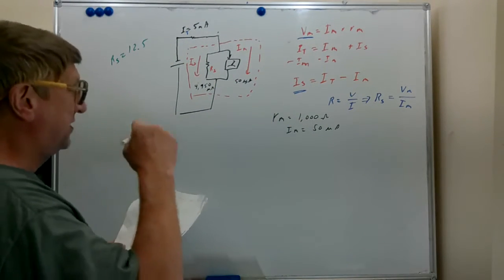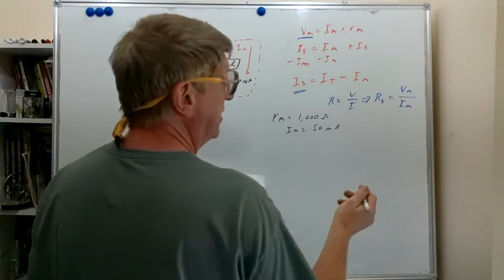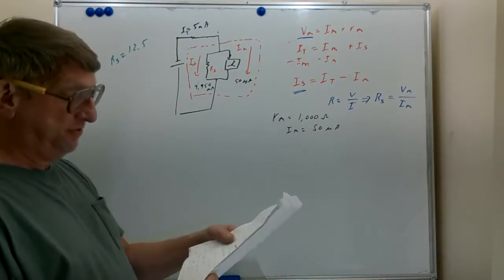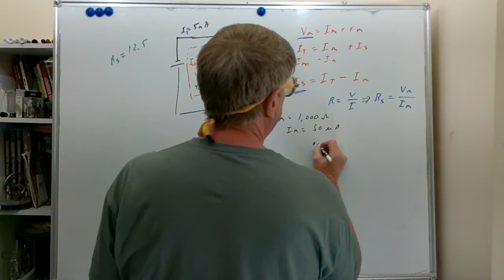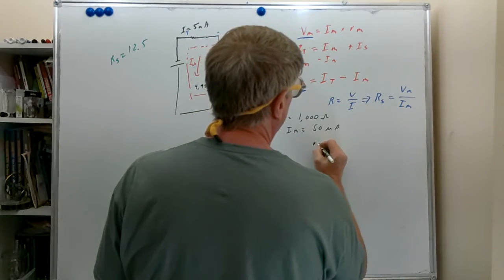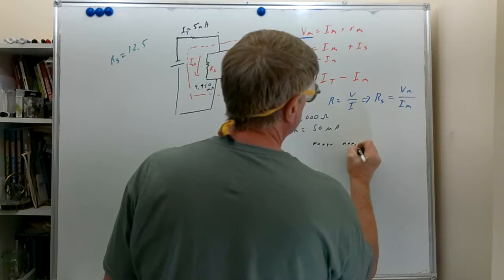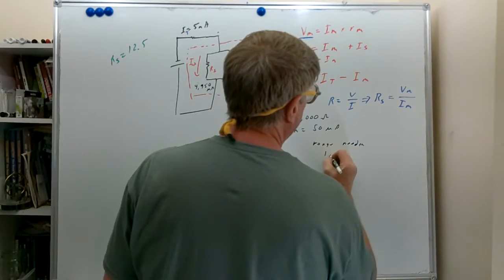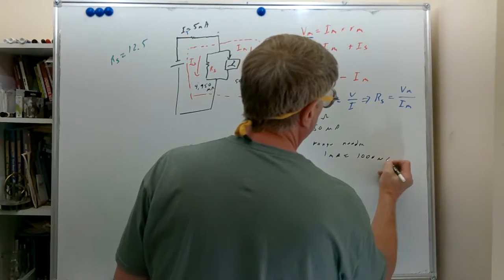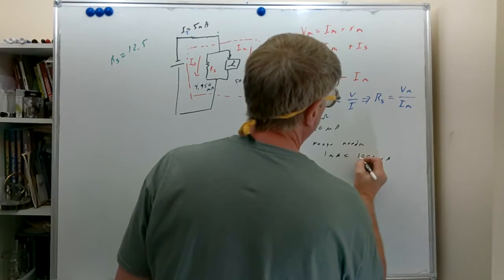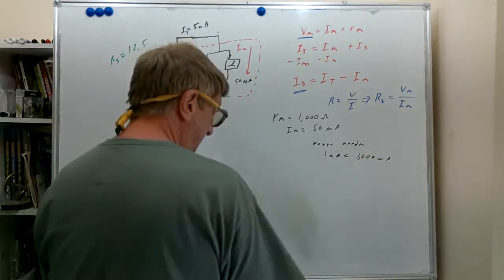And now we want to have our range extended from 50 microamps. We want to be able to do a 1 milliamp range. Range needed: 1 milliamp, which is equal to 1,000 microamps.